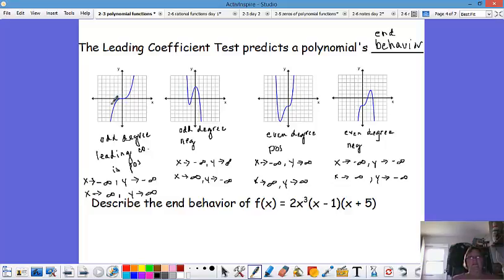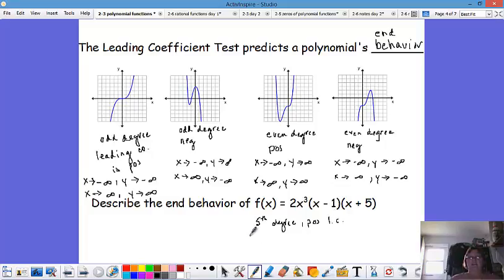We're either going to be here or we're going to be here. To determine which one, we just have to think about how many powers of x there will be. 3 from there, 1 from there, and 1 from there. So this is going to be a 5th degree, a 5th degree polynomial with a positive leading coefficient.